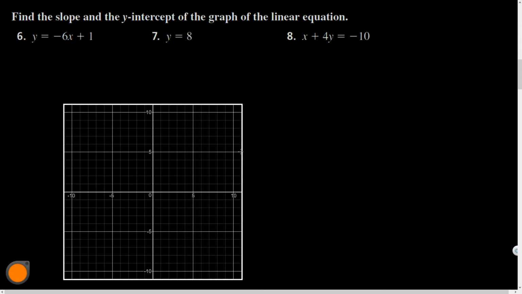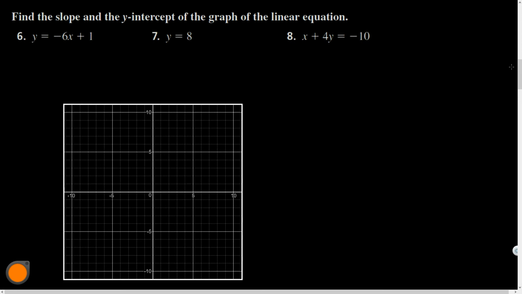Begin at 1. Y-intercept. That's the tricky one.